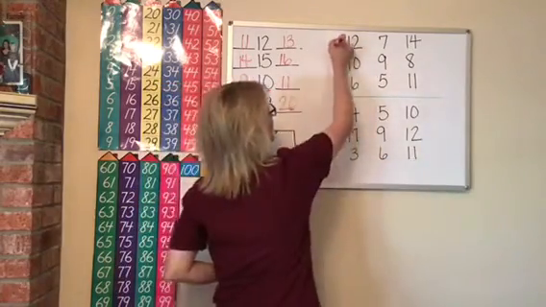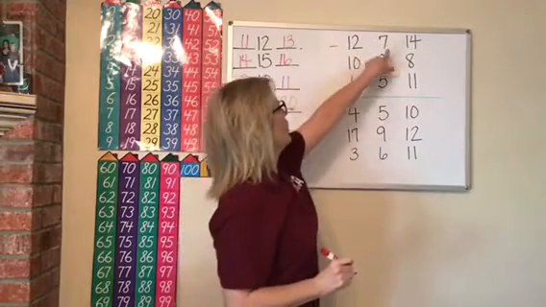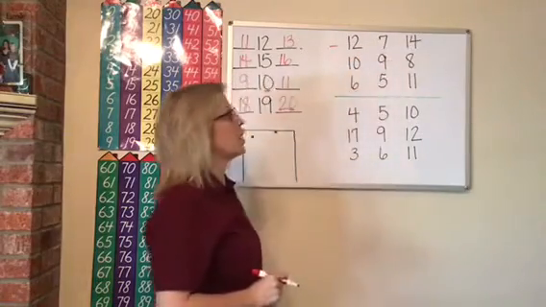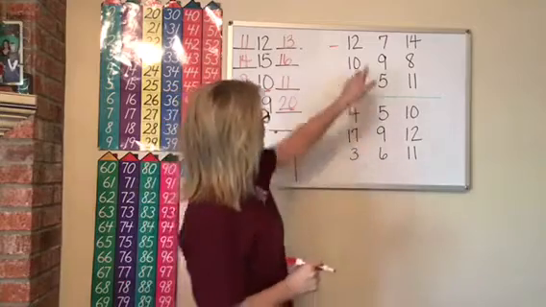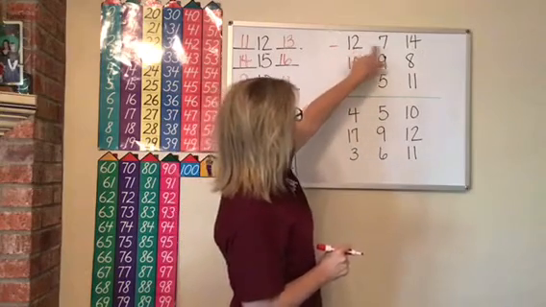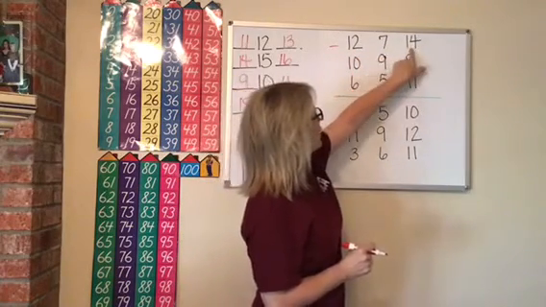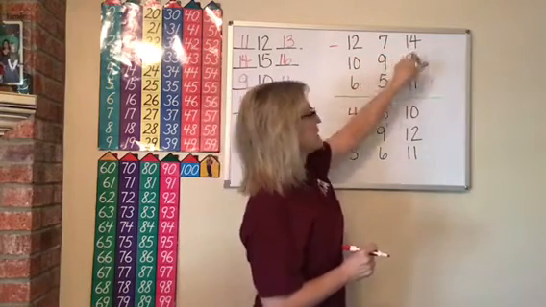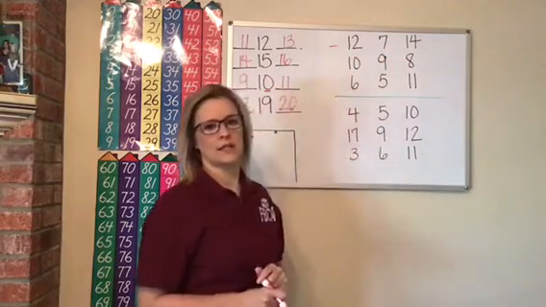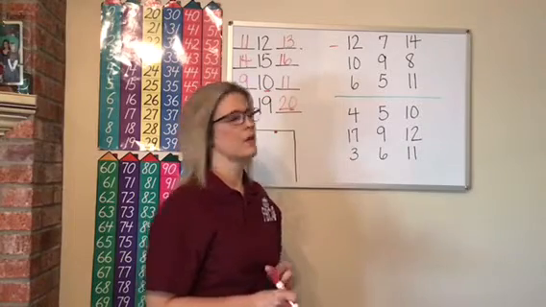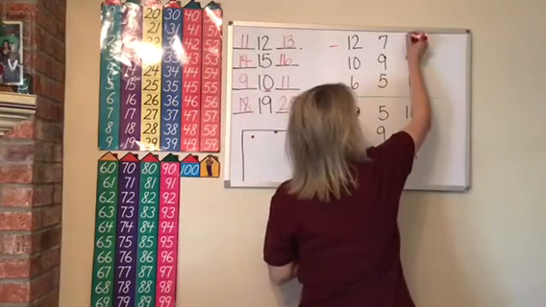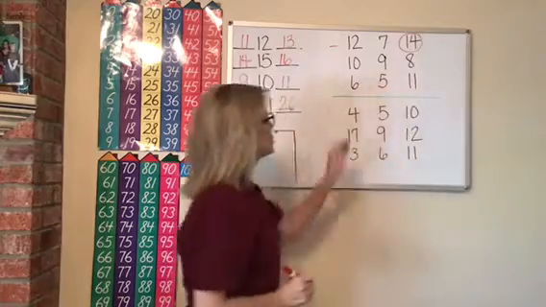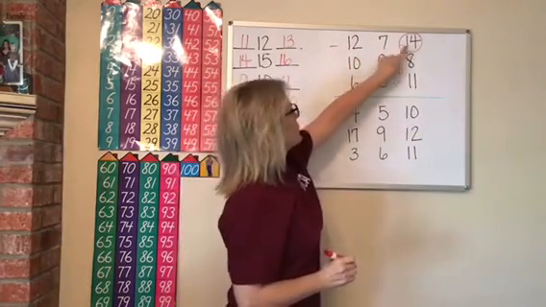In this row right here, we need to circle the number that is the largest. Okay? We have 12, 7, 14. Which one out of these three numbers is the largest number? 14. 14 is the largest in this row of numbers.